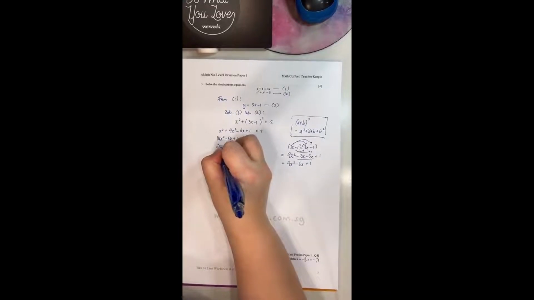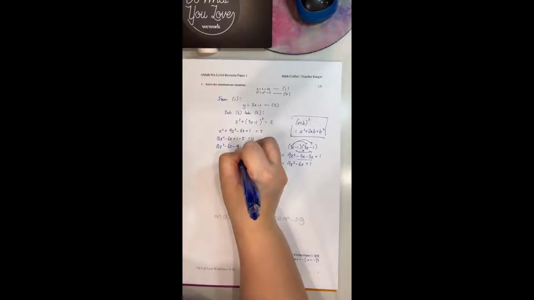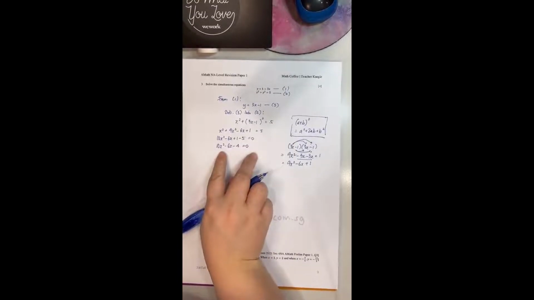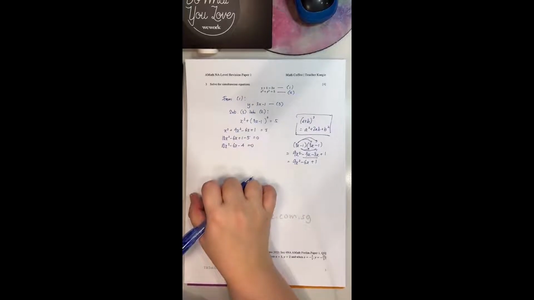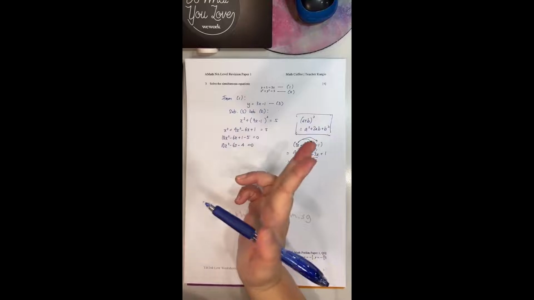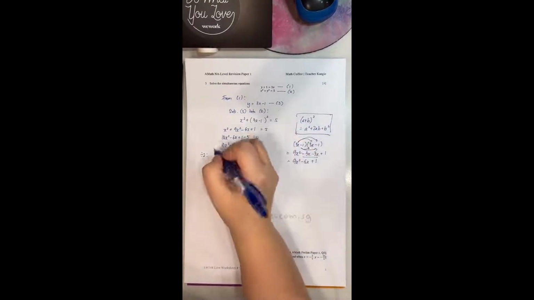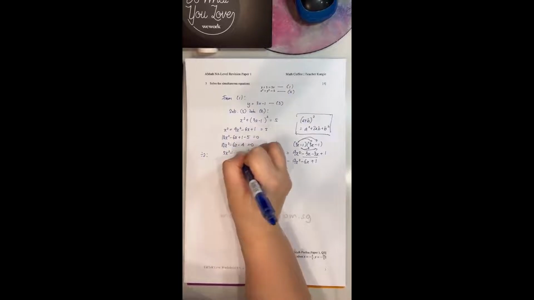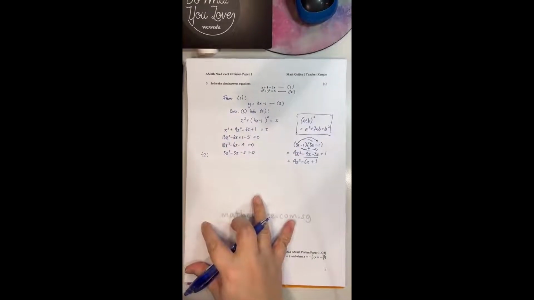So you become 10x squared minus 6x minus 4 equals to 0. When it's an equation, I can simplify it to smaller numbers. 10, 6, and 4 have a common factor which is 2. So I just divide by 2 throughout. I will get 5x squared minus 3x minus 2 equals to 0.